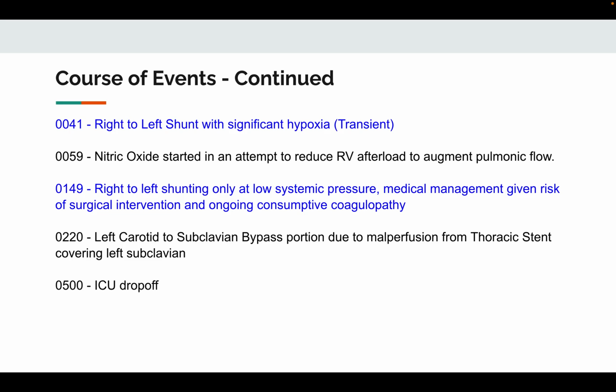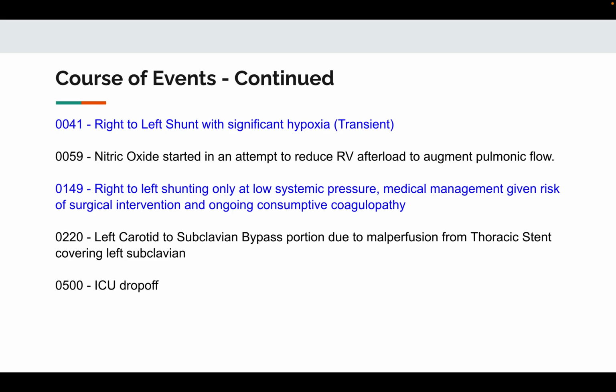I had a discussion with Dr. Orozco, and due to the nature of time under cardiopulmonary bypass, clamp time, myocardial protection, and we knew we were going to encounter profound coagulopathy from the patient being on Plavix and aspirin, the decision was to medically manage this.